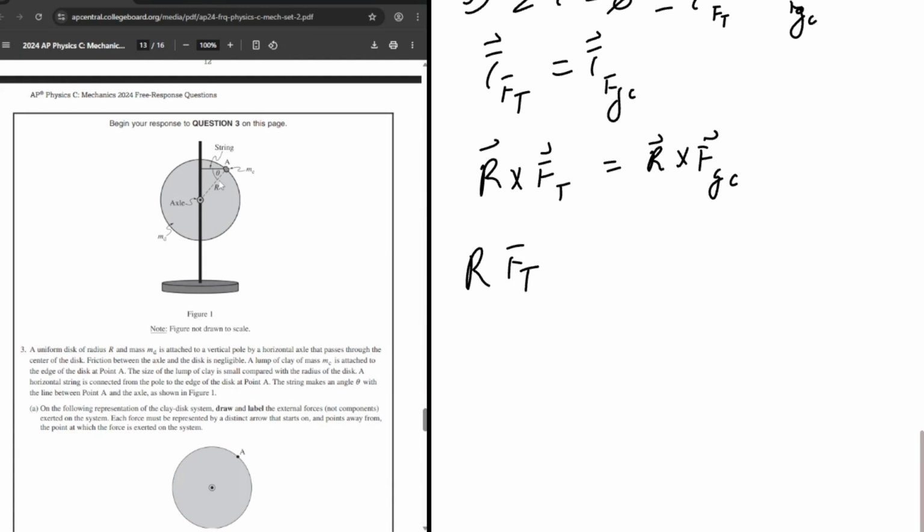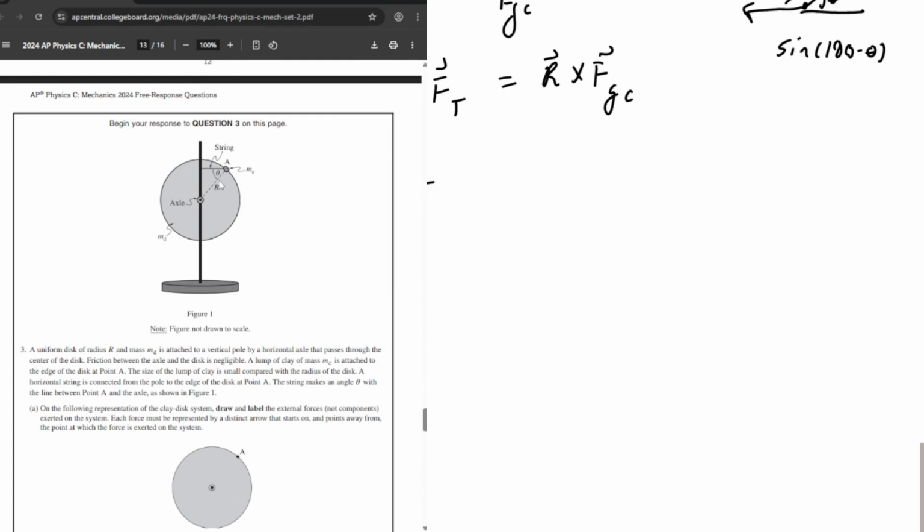And now we're going to think about how this Ft, would it be sine theta or cosine theta? This is what we need to ask ourselves, because we have to take the two vectors, this is the radius vector and the tension vector, and put them tail to tail, right? So I'm going to redraw it like this. Now they're tail to tail. And this theta, alternating interior angles, is that theta.